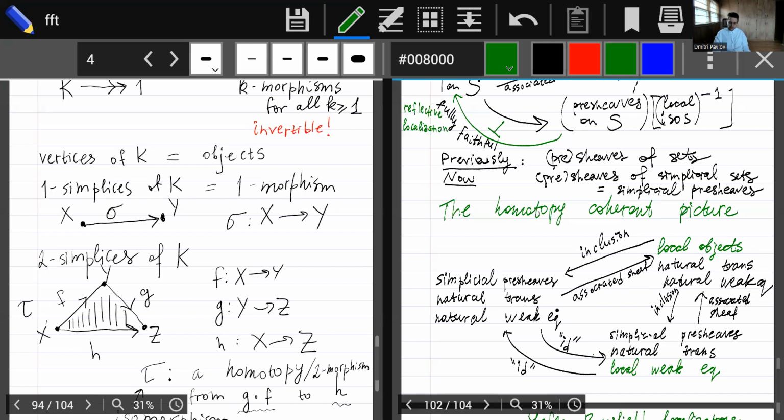And weak equivalences will be natural weak equivalences, so weak equivalences in the transferred model structure. So this relative category is just the underlying relative category of the transferred model structure.